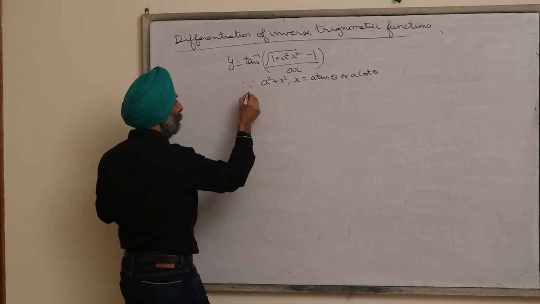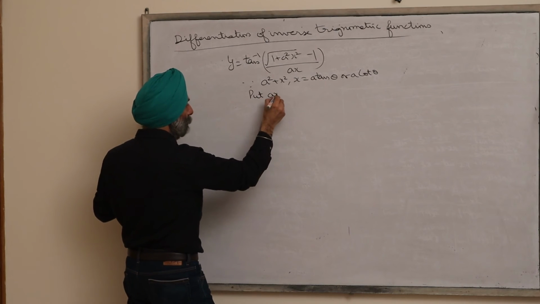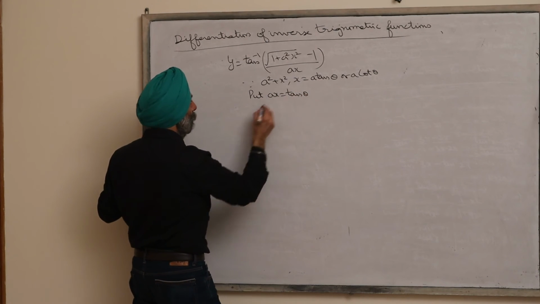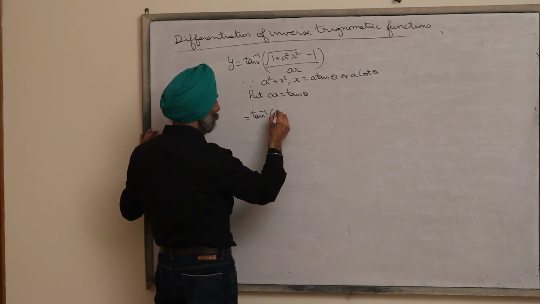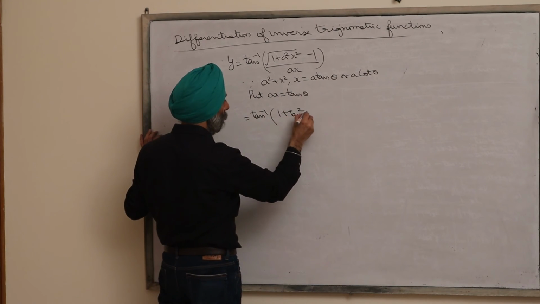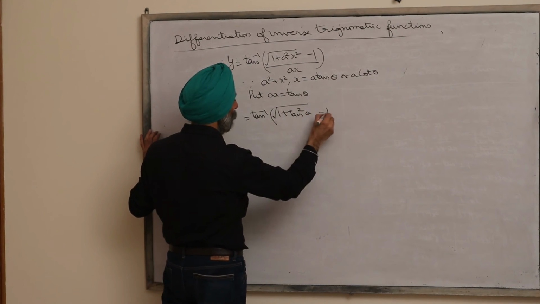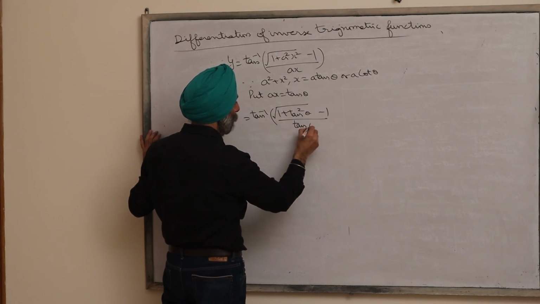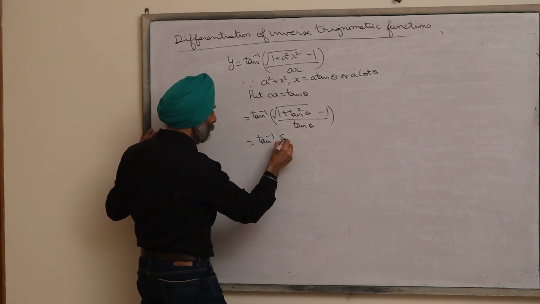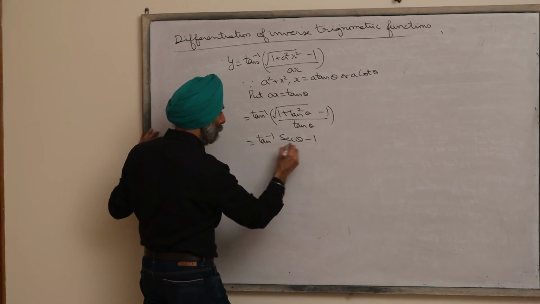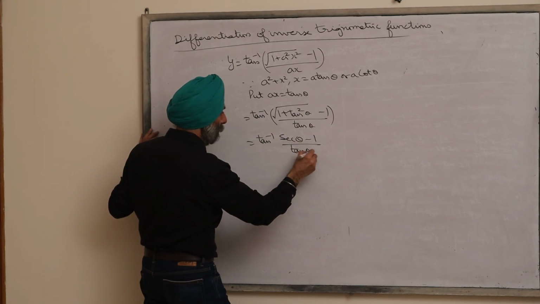So in this case, put ax is equal to tan theta. Can I write this as tan inverse of root of 1 plus tan square theta, minus 1 upon tan theta? What next? It is tan inverse of root of 1 plus tan square theta, which is secant square theta. It is secant theta minus 1 upon tan theta.